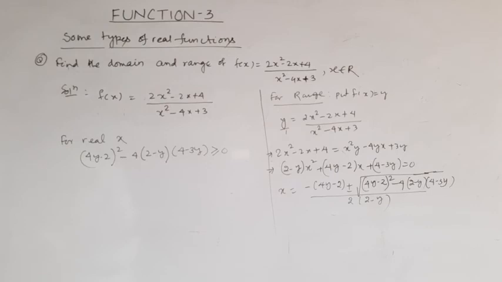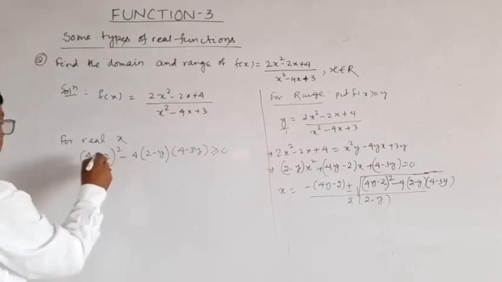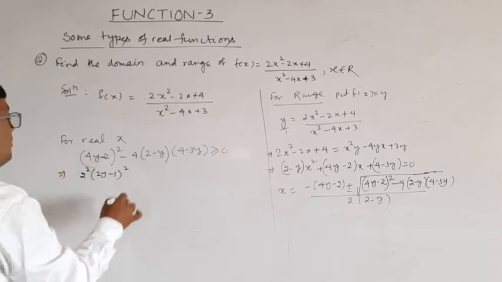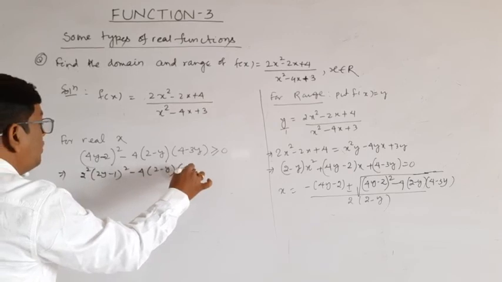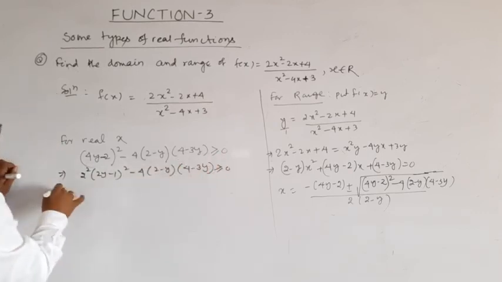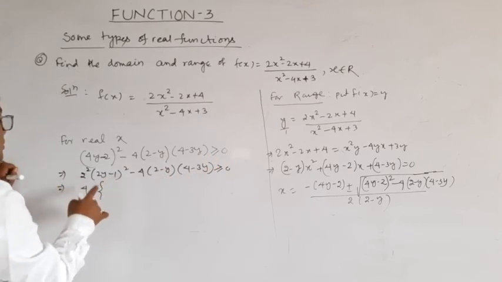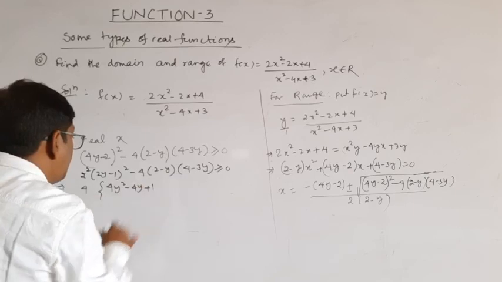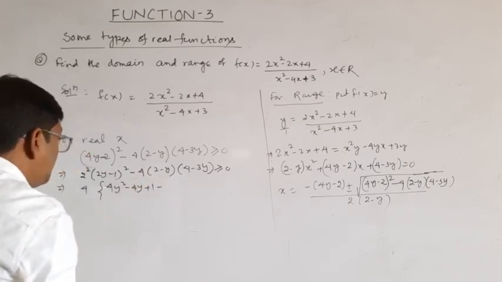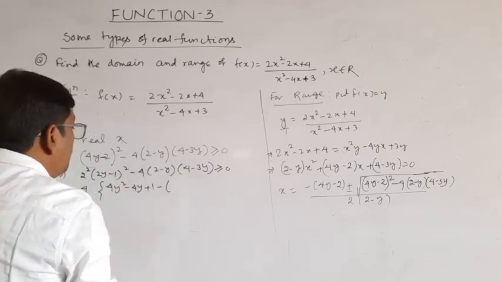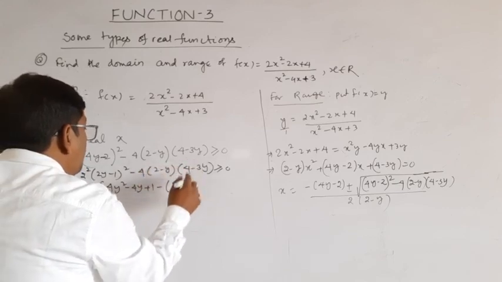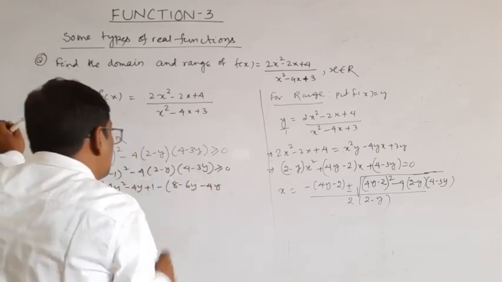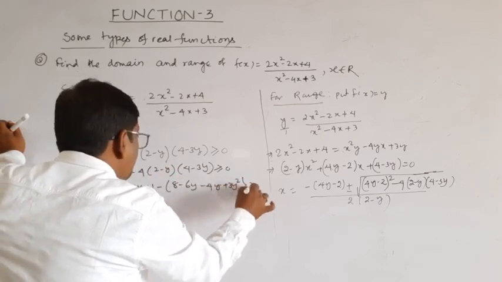Simplify this. 2 common here, that is 2 into 2y minus 1 whole square, that is 2 square, minus 4 into 2 minus y into 4 minus 3y greater than or equal to 0. 4 common here, that is 4y square minus 4y plus 1 minus 2 into 4, that is 8, and minus 6y, and minus 4y, and plus 3y square, greater than or equal to 0.